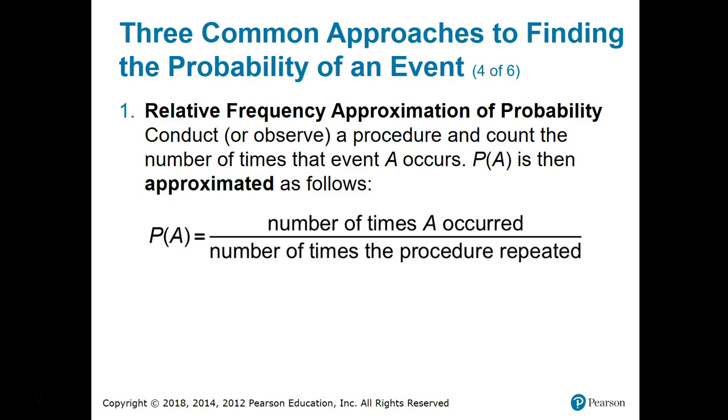The number of times A occurs, divided by the total number of times the procedure was repeated, is going to tend towards the probability as you do it more and more often. So this is a good way to do it if you have time, if you have the ability to experiment. This is not something you want to do if you can't repeat.